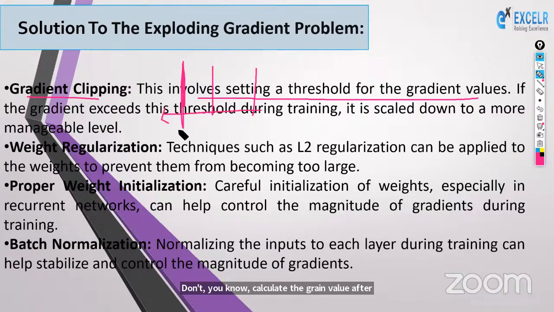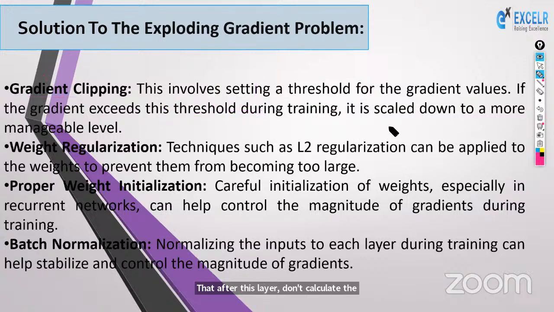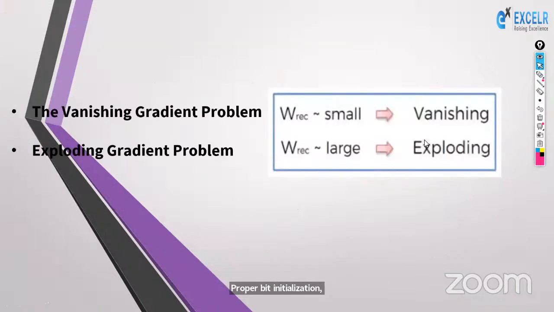This is what we call gradient clipping. Or there is something called a regularization method. I'm not getting into this part. It is another approach. Proper weight initialization and batch normalization are a couple of other approaches. But the best solution is to use a gated architecture like LSTM or GRU. So this is what I have summarized.